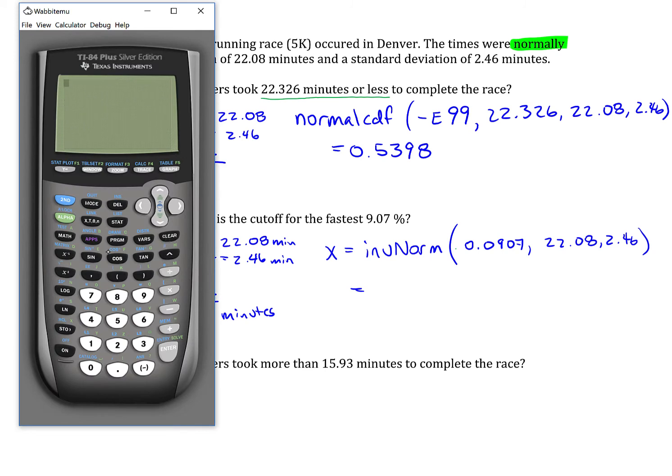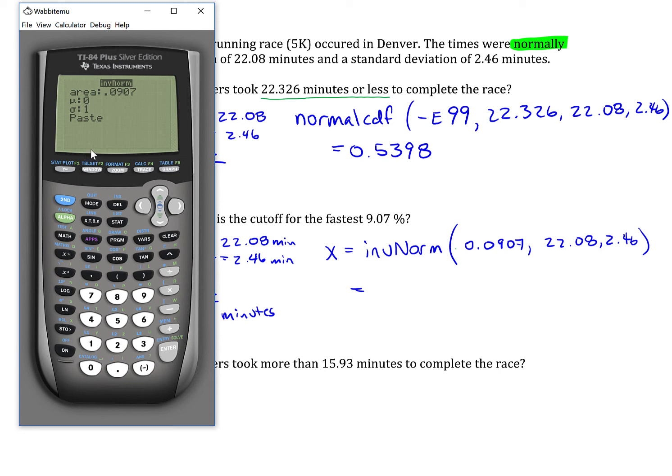So, inverse norm. In the calculator, I'll go to second, vars, which gives me the distributions, and come down to inverse norm. Area to the left is the first input, so 0.0907. And if you don't get the menu, that's okay.